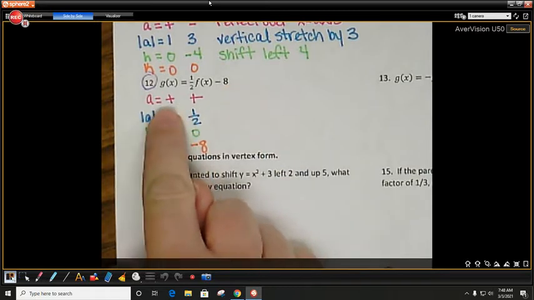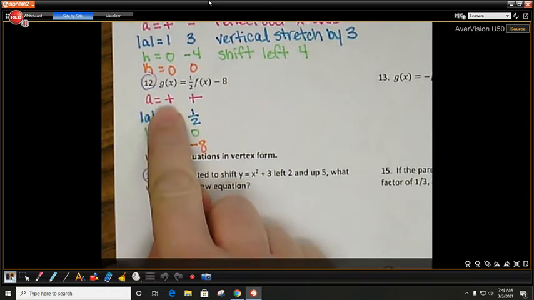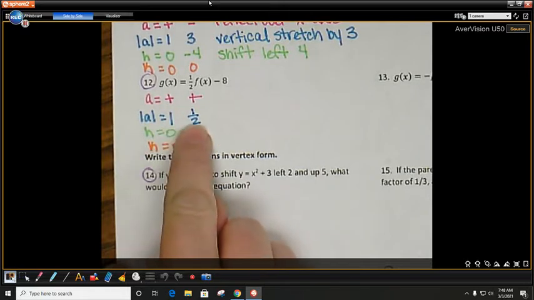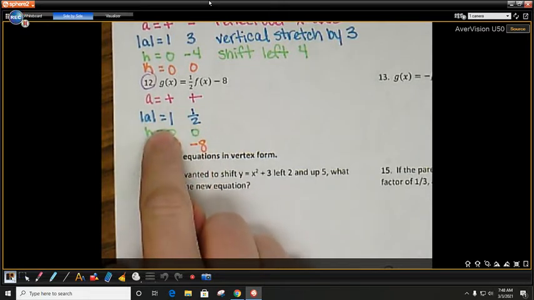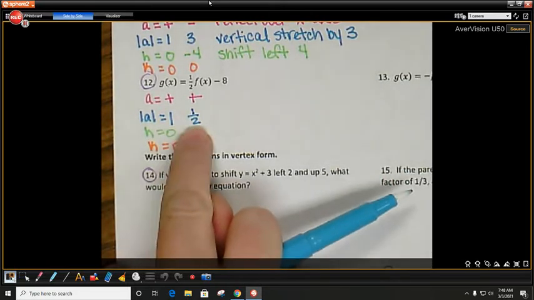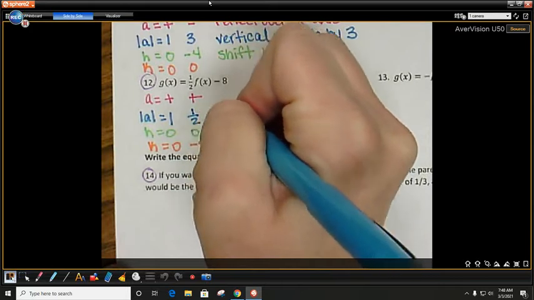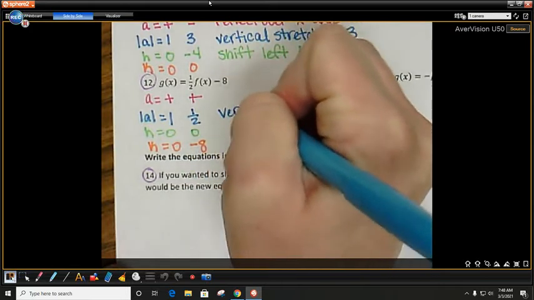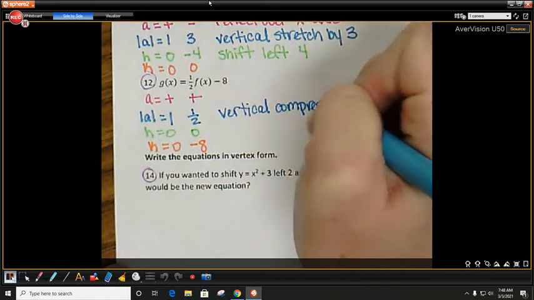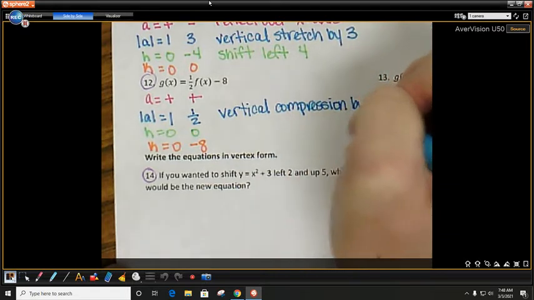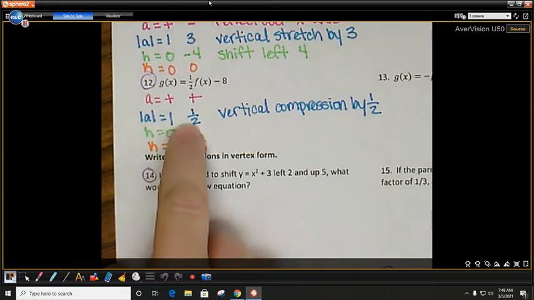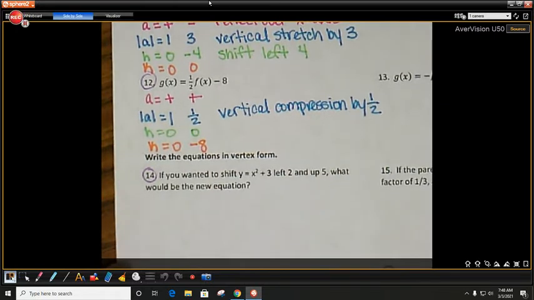So my a sign didn't change. Both the a's are positive, meaning both of these parabolas will open upward. The a value did change. Remember, your a value affects the width. So did it get bigger or smaller? From 1 to 1/2, it got smaller, so that's a vertical compression by 1/2. 1 times 1/2 is 1/2, so that's why it's a vertical compression by 1/2.